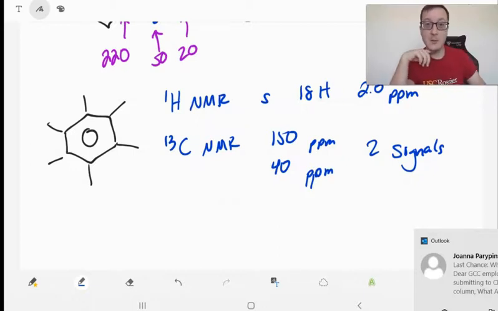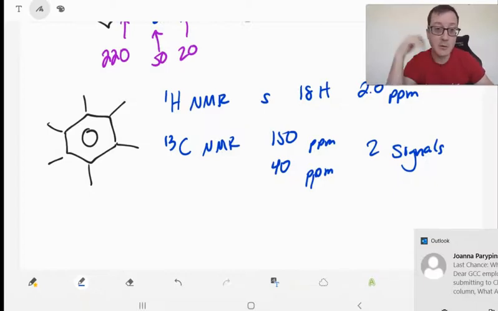So there are places where you'll see things that you would not see in proton NMR, but you would see in carbon. Of course, with a molecule like this, you'd probably be able to deduce from the molecular formula that you have a benzene in there. But it's a supplement of information.